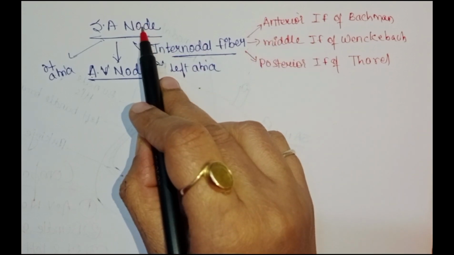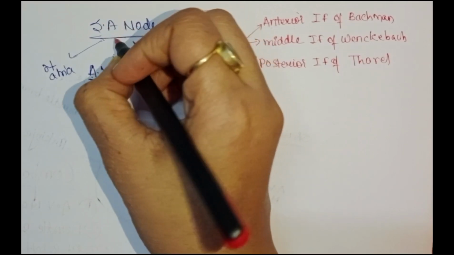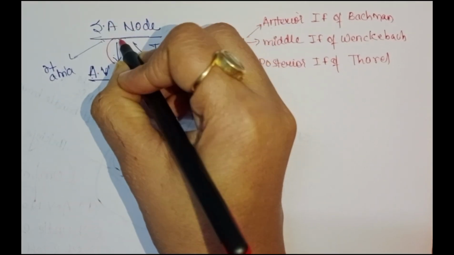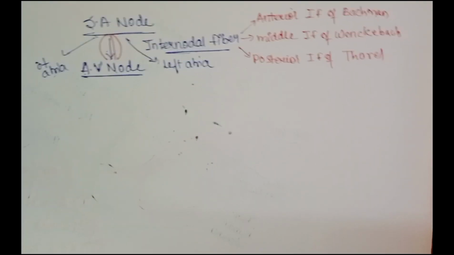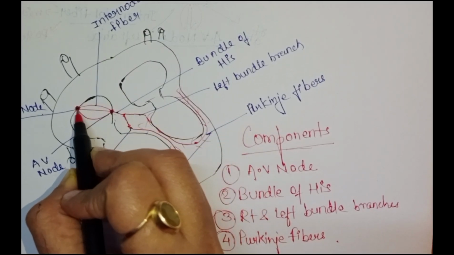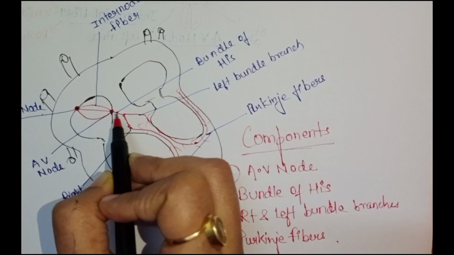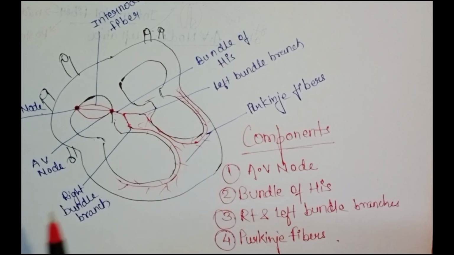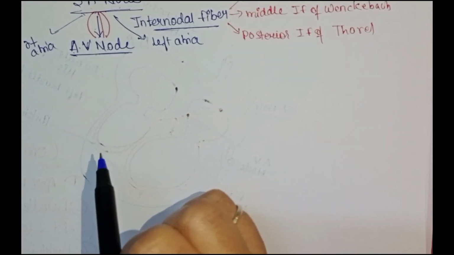So all these fibers from SA node converge to AV node. These internodal fibers are generated from SA node and converge on AV node. We have seen in the diagram that all 3 internodal fibers generate from SA node, converge in AV node and interdigitate with the fibers of AV node.